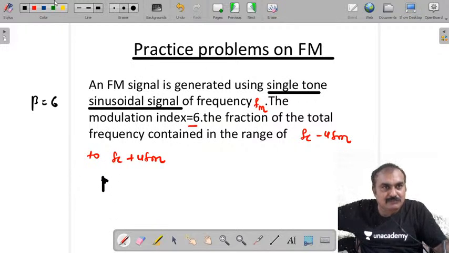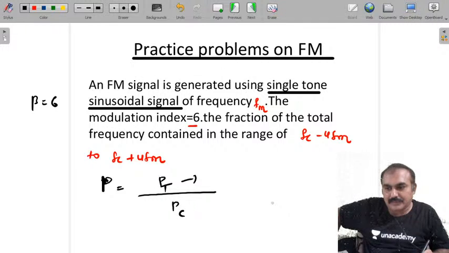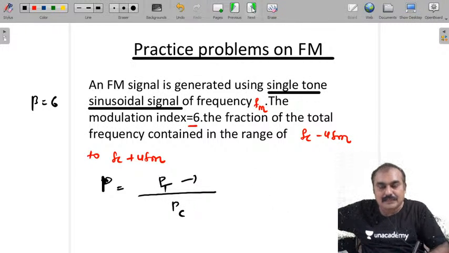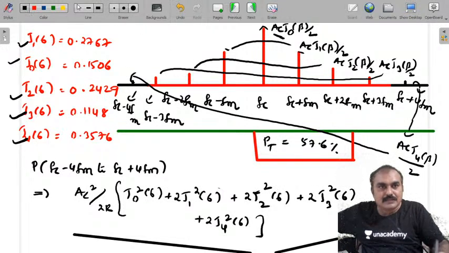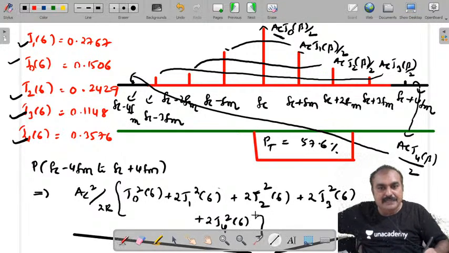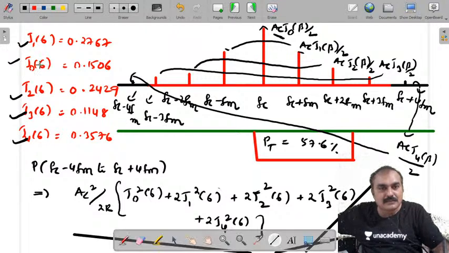Yes, good question. Wait, here I forgot to tell that. P equal to the total power, the total of all the powers, divided by PC. In this one, what happens? This is completely multiplied by here, my dear students, multiplied by AC square by 2R again.